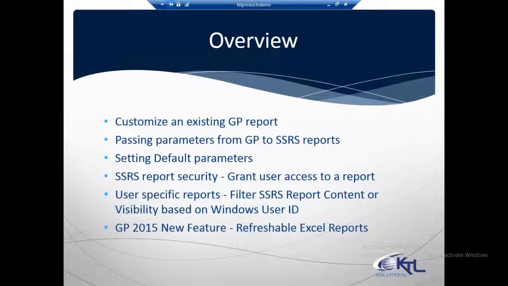We'll explore more into the report security, the filtering, the various levels where you can achieve that. And then we will also quickly go through the new feature of 2015 R2, which is Refreshable Excel reports. So that's the plan. And thanks again for joining.